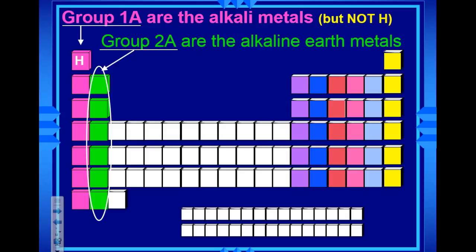Group 2A. These are your alkaline earth metals. Do you remember some things about alkaline earth metals? They're also reactive with water? Not as much as group 1 is. They will dissolve if they're with a hydroxide.